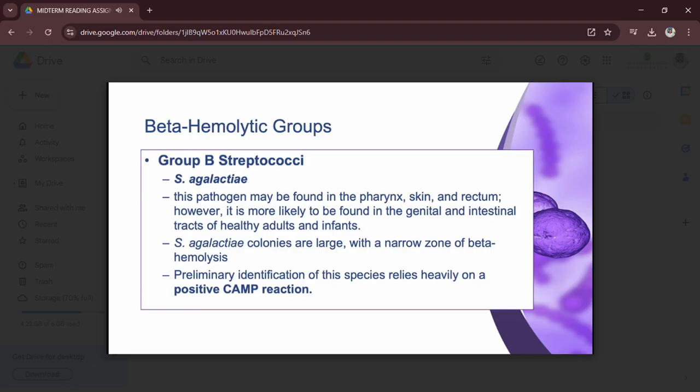In the adult population, S. agalactiae infections consist of abscesses, endocarditis, even septicemia, bone and soft tissue infections, as well as pneumonia. As for the colonies, they are large. They have a narrow zone of beta hemolysis, and the preliminary identification of this species relies heavily on what we call a positive CAMP reaction.